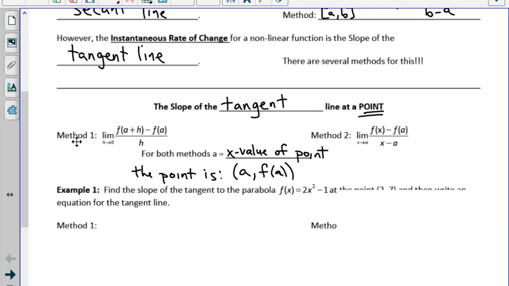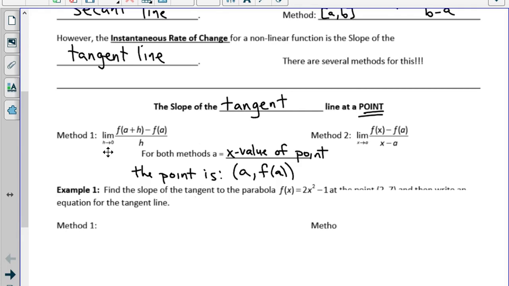Okay, so we have method 1, which is the limit as h approaches 0 of f of a plus h minus f of a all over h. Or method 2, the limit as x approaches a of f of x minus f of a over x minus a. Now, in honors pre-calculus last year, you might have learned that this is called the definition of the derivative.